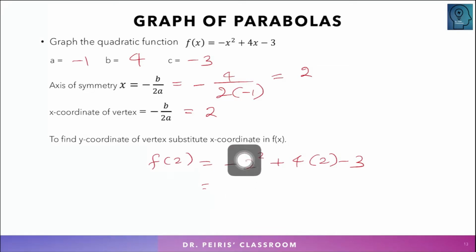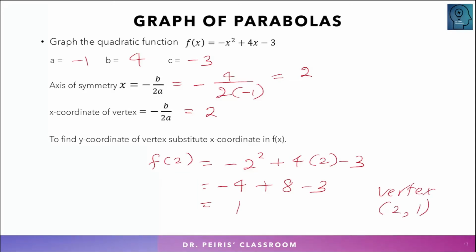There is no parenthesis in here. It is first 2 squared and then multiplied by the negative sign. 2 squared is 4, times the negative sign is negative 4. 4 times 2 is 8, minus 3. So this gives us 1. So the vertex is 2, 1.